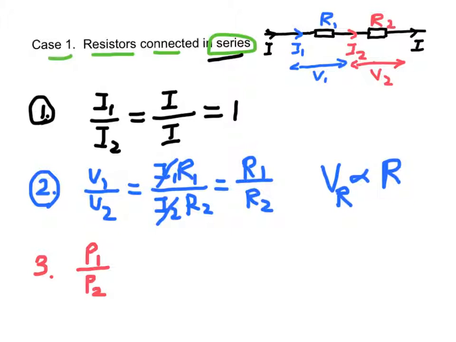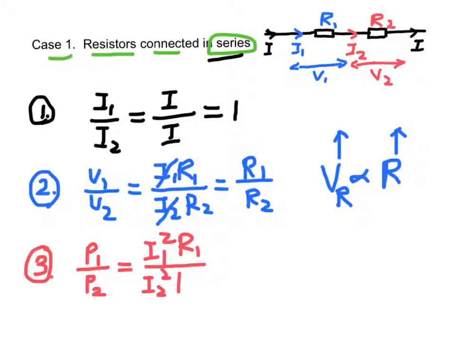That means the resistor with greater resistance will have greater voltage. Number 3, the ratio of the power P1 over P2 equals I1 squared R1 over I2 squared R2, equals R1 over R2, since the currents are the same.